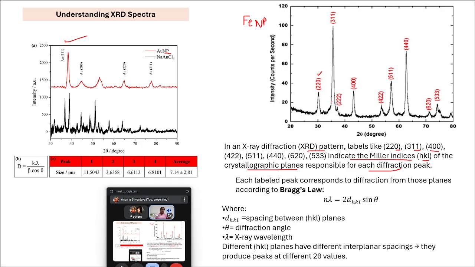Whenever there is diffraction, each peak represents diffraction from a particular plane as per Bragg's law, which says n lambda equals 2 d HKL sine theta, where n is an integer, lambda is the X-ray wavelength, d HKL is the spacing between these planes, which represents the Miller indices, and theta is the diffraction angle. Different HKL planes have different interplanar spacings, and based on that they produce peaks at different 2 theta values.